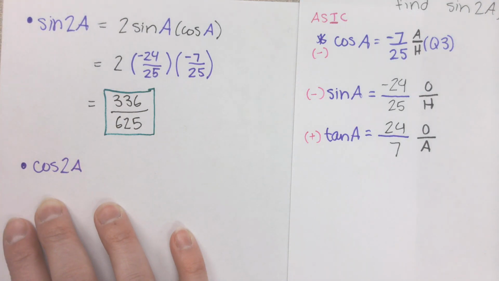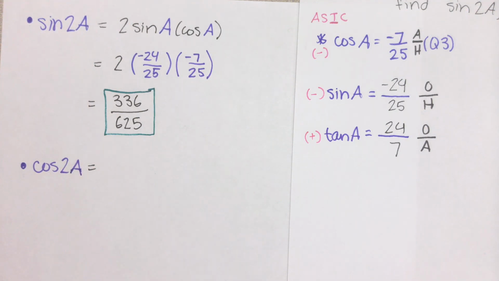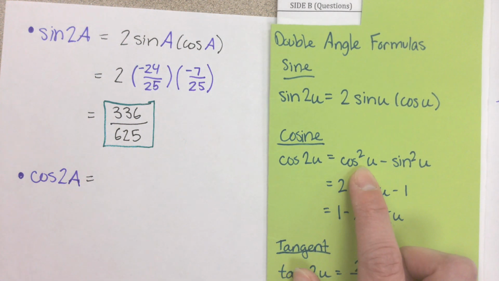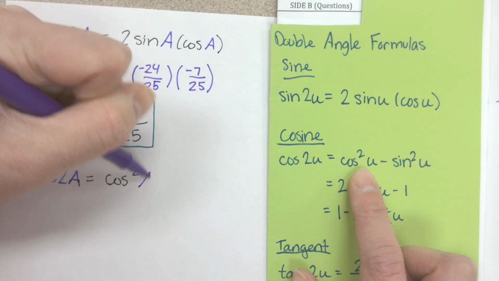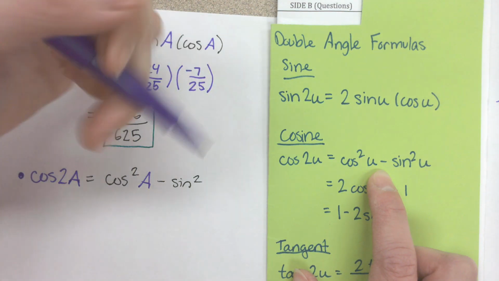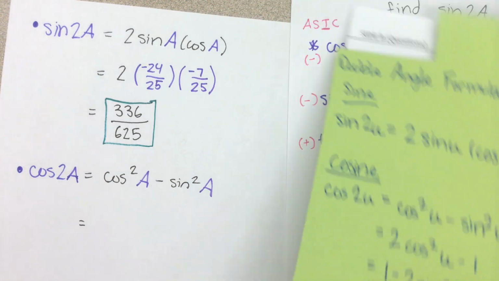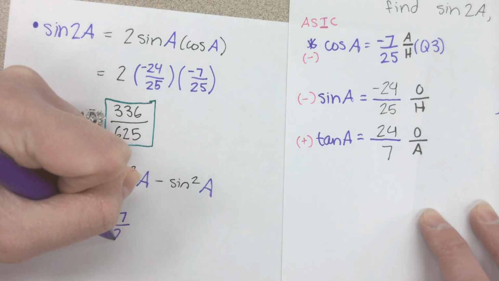Cosine of 2a. And reminder, this is the one that has three different options. I always go for the top one. It's my personal preference. We have cosine squared of a minus sine squared of a, and then cosine of a is equal to negative 7 over 25.